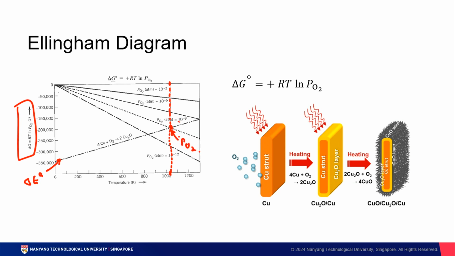In this case, PO2 must not exceed 10 to the power of -9 or else it will oxidize. So the engineer in the control room, without having to make very complex calculations, will be able to control the PO2, or the pressure of the oxygen, to keep it below 10 to the power -9 in order to get pristine copper.